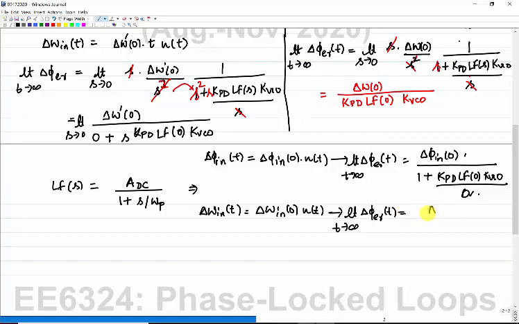Okay, and that is going to be delta omega in of 0 divided by 0 plus kpd times loop filter of 0 times kvco. The s in the denominator will also be cancelled out, right? And loop filter of 0 is going to be a DC value, so the larger the DC gain, the lower will be the frequency error. Okay.